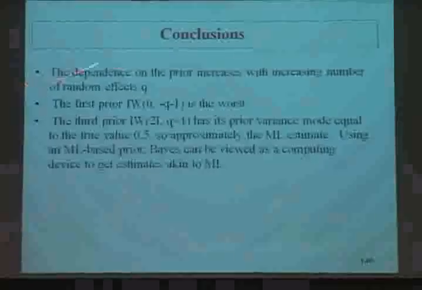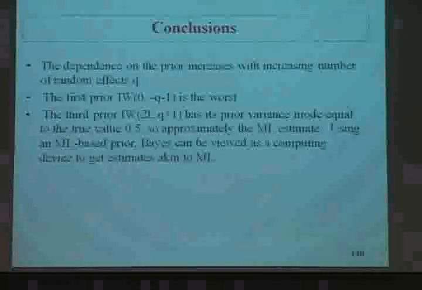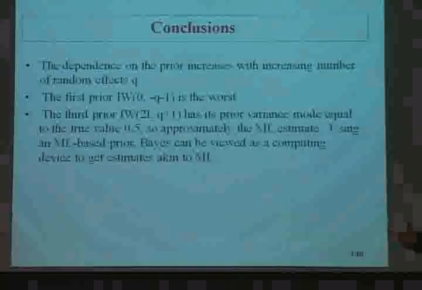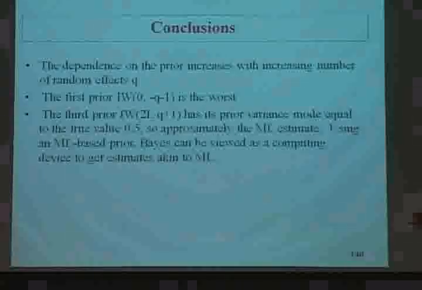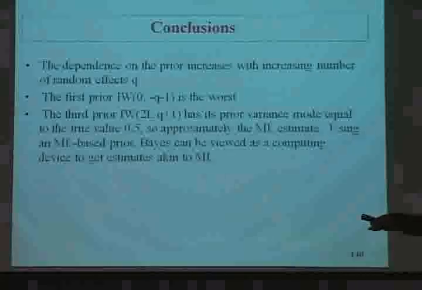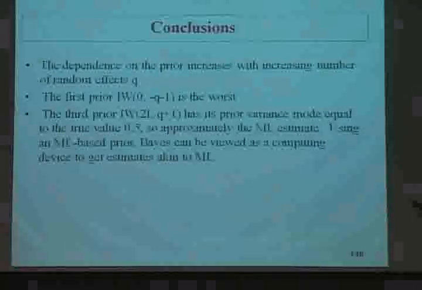But what are the main conclusions here? First of all, as you increase the number of random effects, the model becomes larger, and what we consider a small or large sample depends on that. The bigger the model, the more sample points you need to actually become independent of the prior.